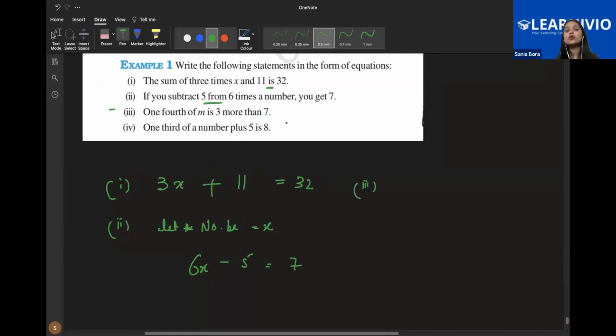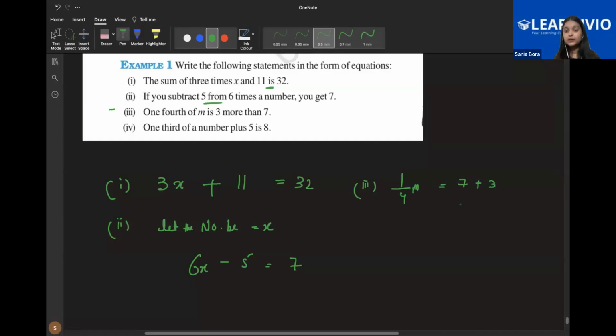This is the third. 1/4 of m is 3 more than 7. How would you write it? Ma'am, 1/4 into m, and m is 3 more than 7, so 7 plus 3, right?